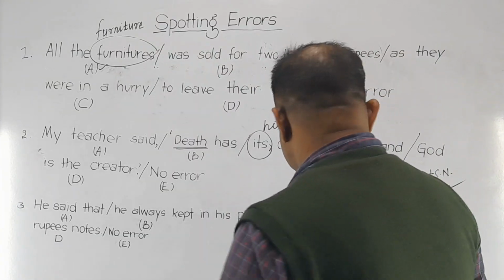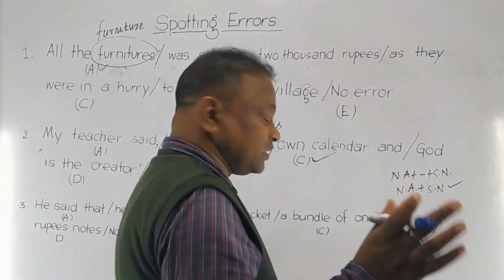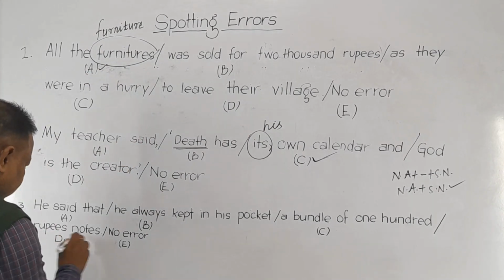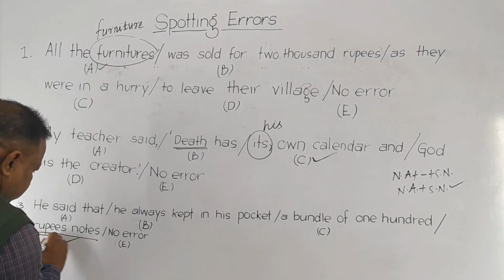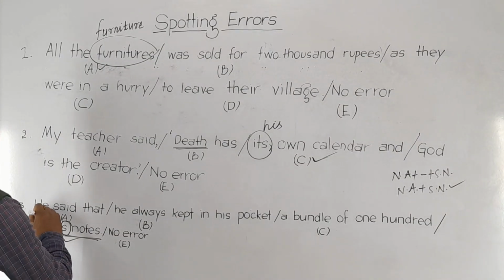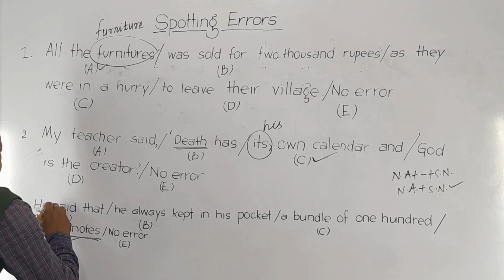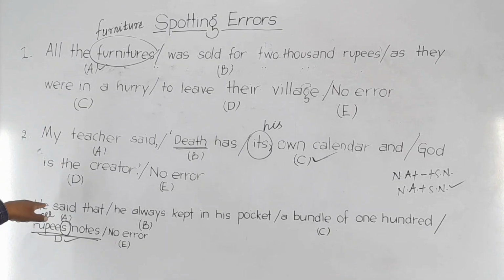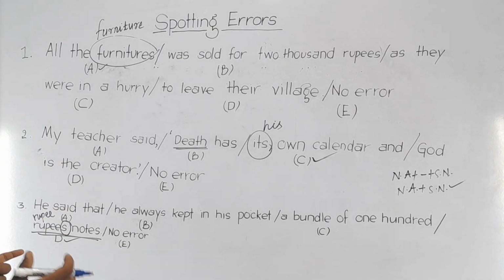Mark these errors when you talk about amounts, like 1000 rupees. The error is here: rupees note. Don't write rupees, you need to write rupee. The error is in part D. So the correct answer is: he said that he always kept in his pocket a bundle of 100 rupee notes.